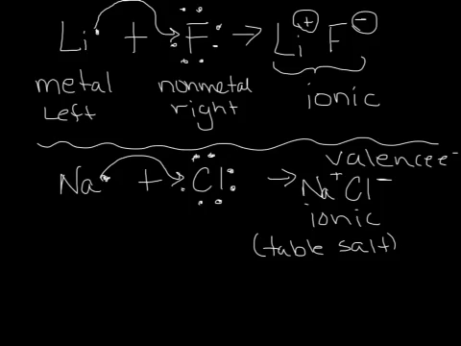I think there's sea salt in the grocery store. If you're trying to watch your sodium, you eat sea salt, and that's potassium chloride instead of sodium chloride, or something else like that. But any ionic compound is called a salt. Okay? All right, let's try.